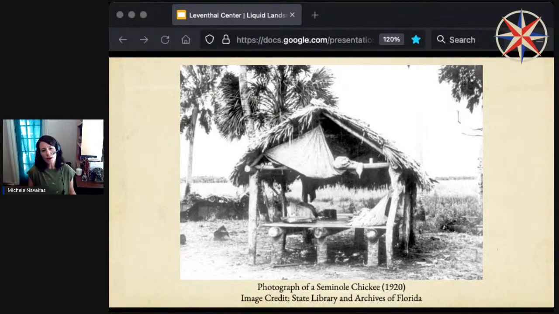And so for that reason, they're highly productive ecosystems and excellent food sources, but they are also really treacherous to live on. There are no surviving Calusa dwellings, but early European and American sources do document that the Calusa survived by living in structures on stilts. But unlike more traditional stilted homes, these structures would float, and I'm about to show you pictures of those.